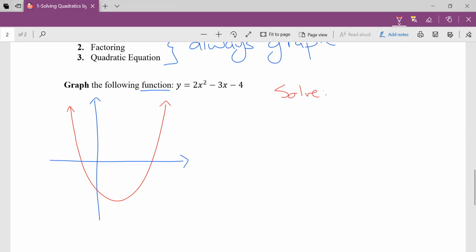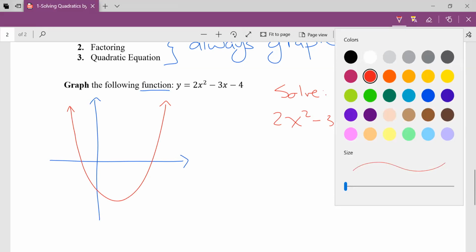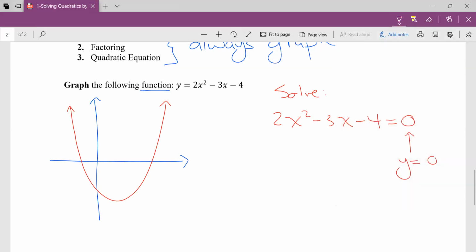When we say solve, what we're going to do is simply turn it from a function into an equation. So notice what I did there. I simply just made y is equal to 0. But where is y equal to 0 on our graph? Well, that's my x-intercepts, right? Those are the points x comma 0. So guess what we're going to do? We're going to go and find our x-intercepts.